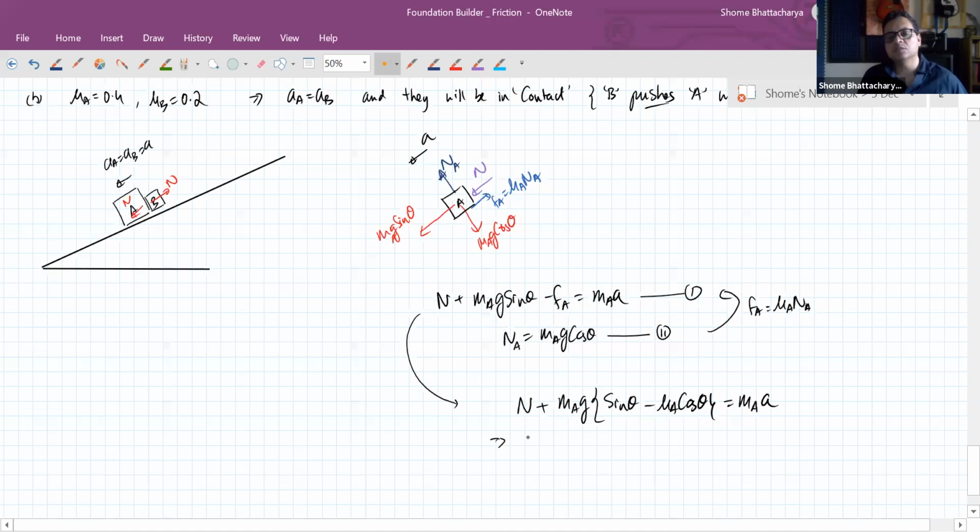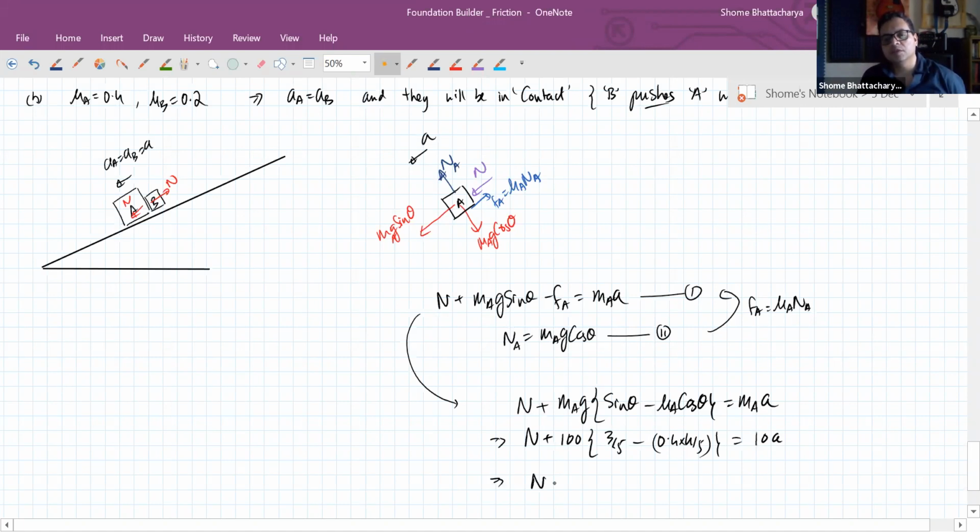So with this we can substitute the values. So N plus 100 into 3 by 5 minus 0.4 into 4 by 5 is equal to 10.